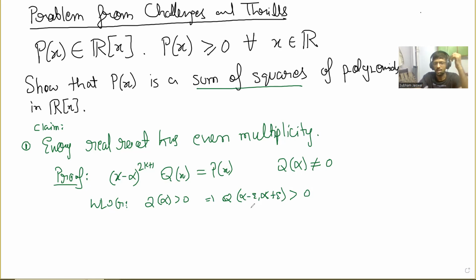This is a set actually, but it's understood what I mean. So this is positive. So really the sign of P in a neighborhood depends on this. If it's an odd power, then it will be negative, and that's a contradiction.